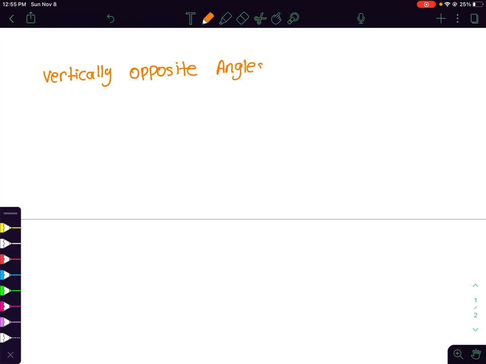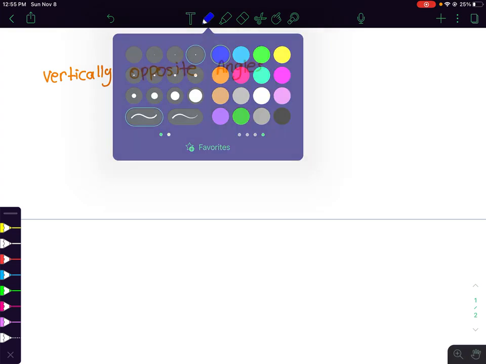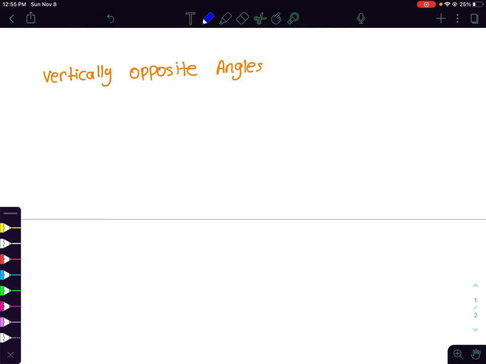Okay, so what does that mean? That means, for example, when we have something like this, pointing this way, something pointing this way. I'm going to choose here.